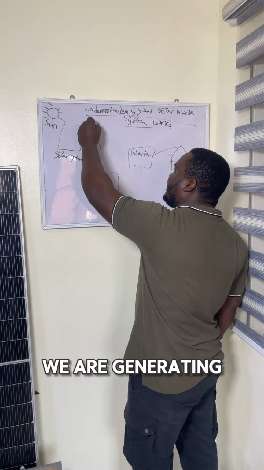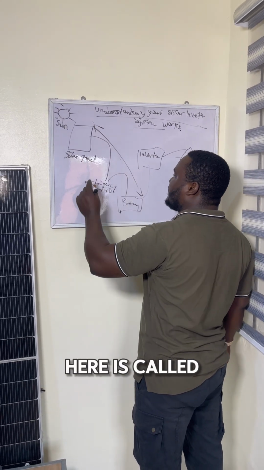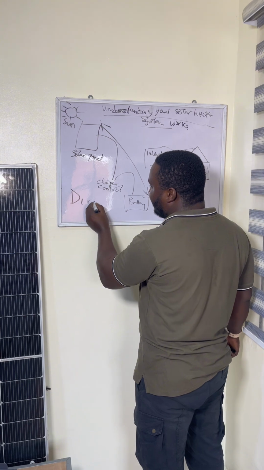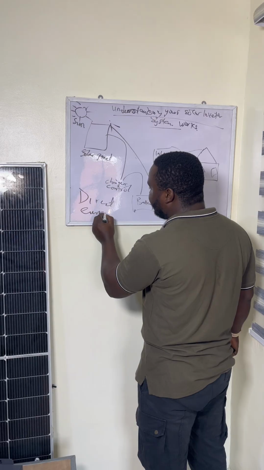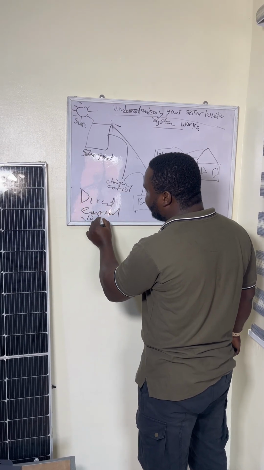Now, what we are generating from here to here is called direct current or voltage, DC.